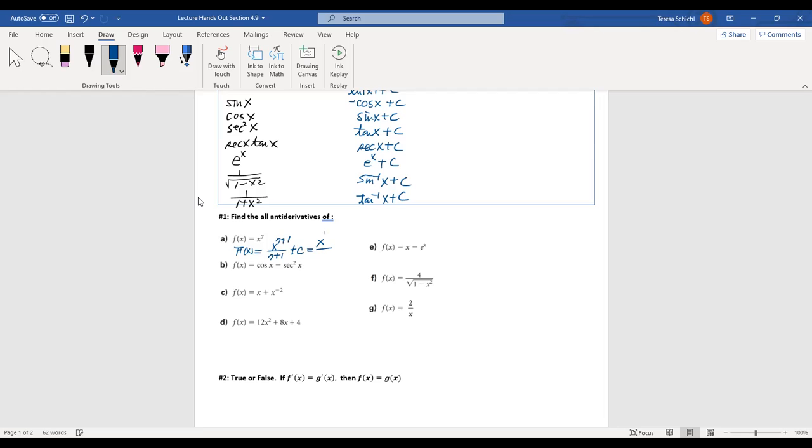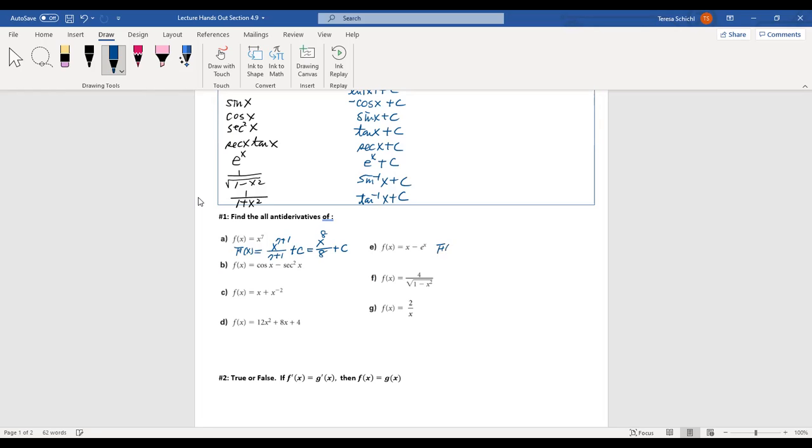So this is x to the 8 over 8 plus c. When you take the derivative of x to the a's power, you move the a down, so a and a cancel, and it will give you x to the 7. So you can always check whether your answer is correct just by taking the derivative of your capital F of x, and see whether you get your lowercase f.